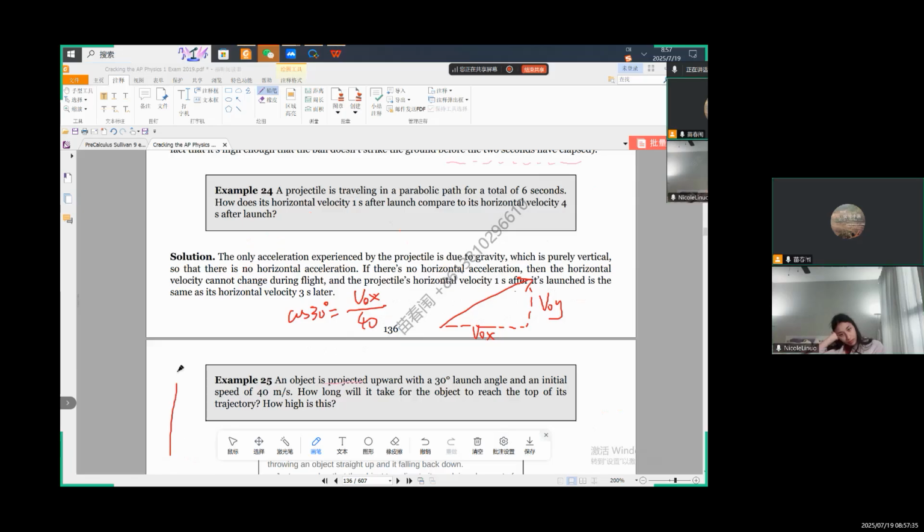So we want to find what kind of V0? V0y. We want to find V0y, right? For this one, I get V0x, right? How do I get V0y? I do sine. Yeah, sine 30.